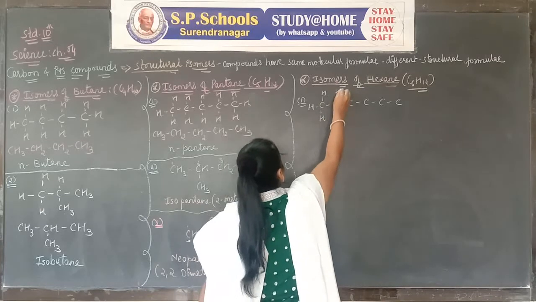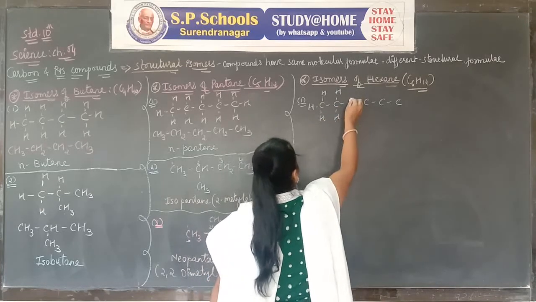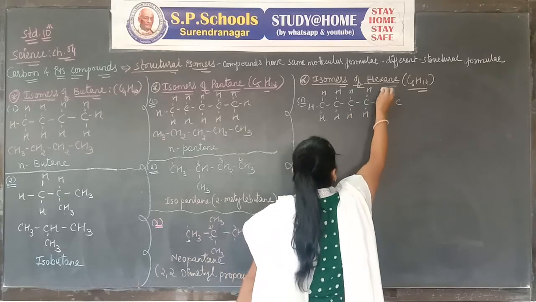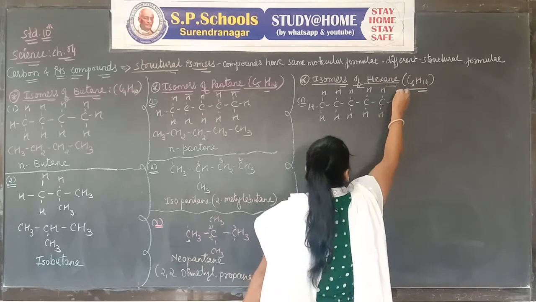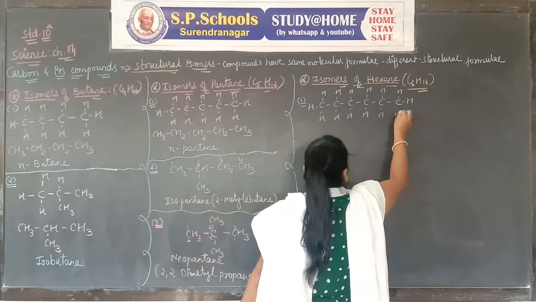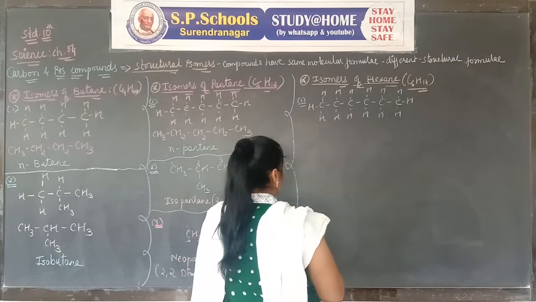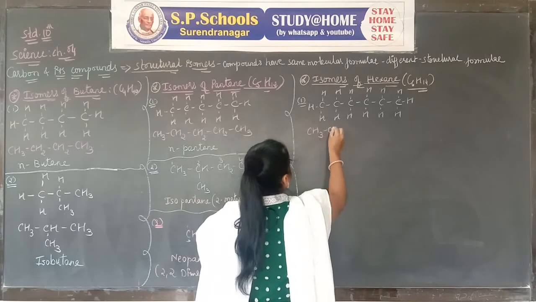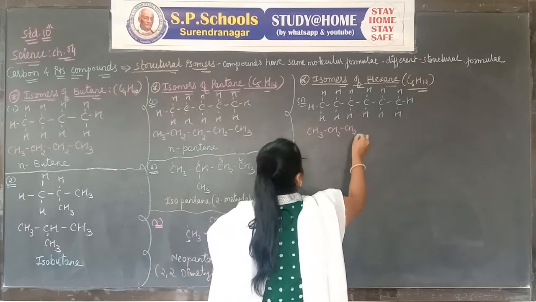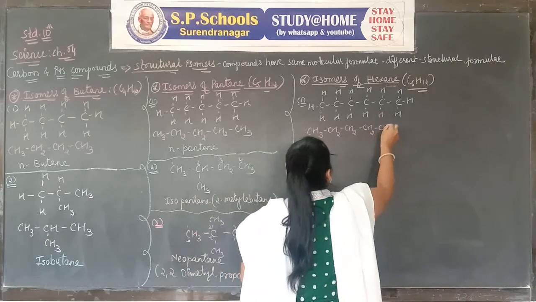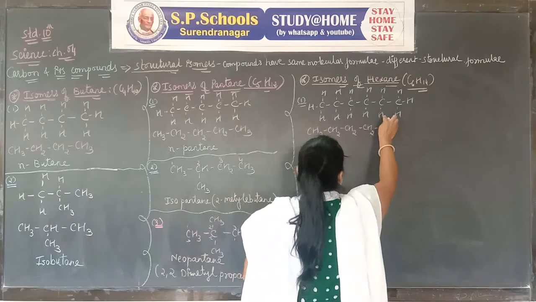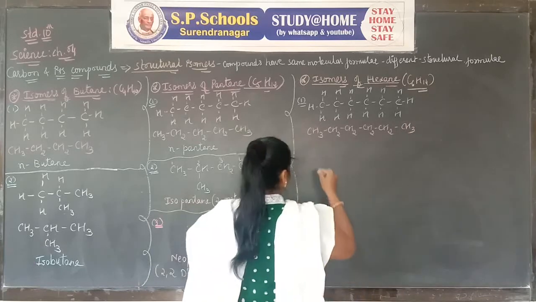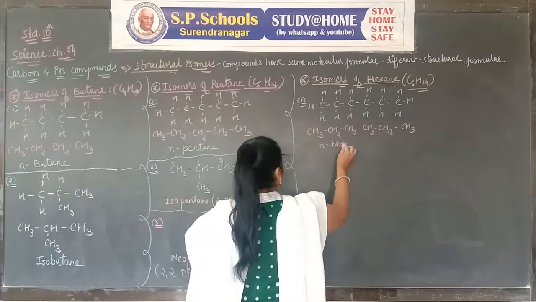The valencies of carbon will be satisfied with hydrogen. Here we write CH3, CH2, CH2, CH2, CH2, CH3. The name for it is normal hexane.